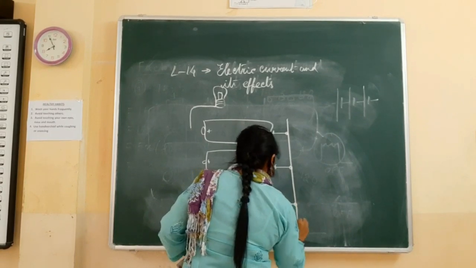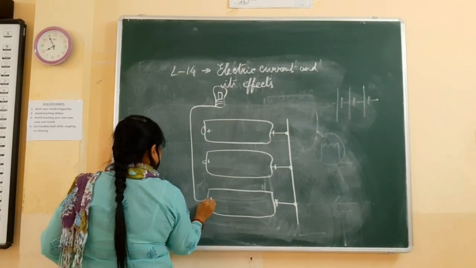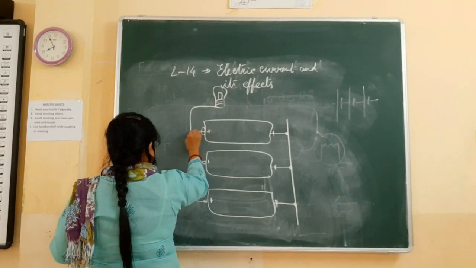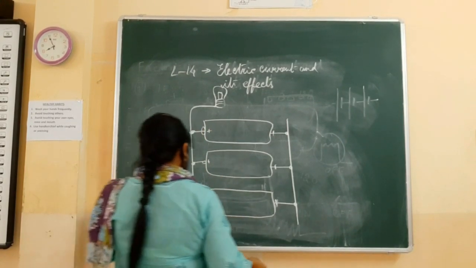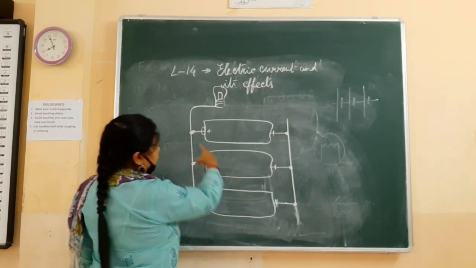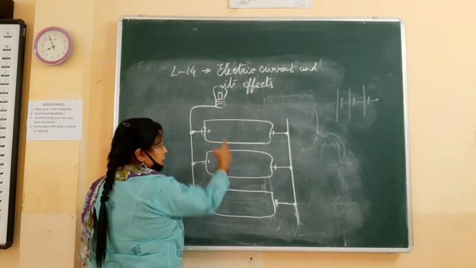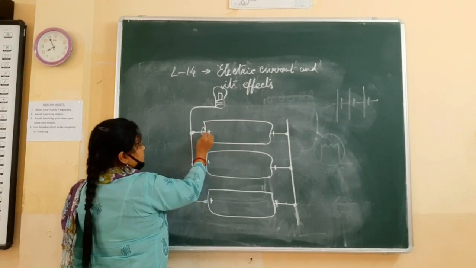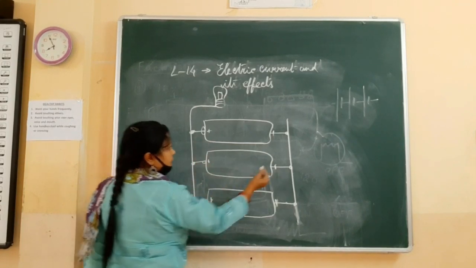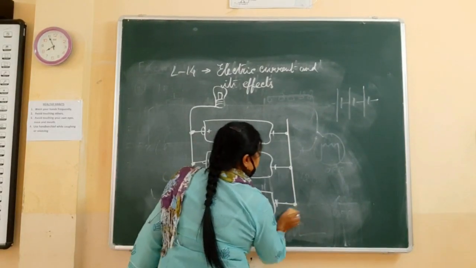And here we can see the positive terminals are also connected together, similarly to the negative ones. So in a parallel connection, the positive terminals of all the cells are connected together and the negative terminals of all the cells are connected together.